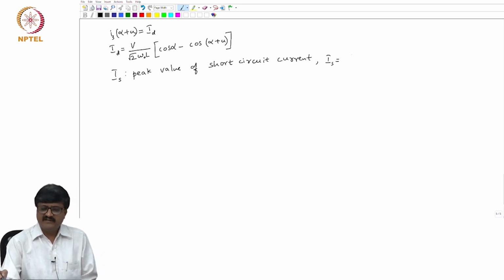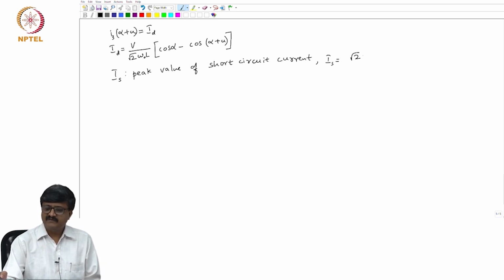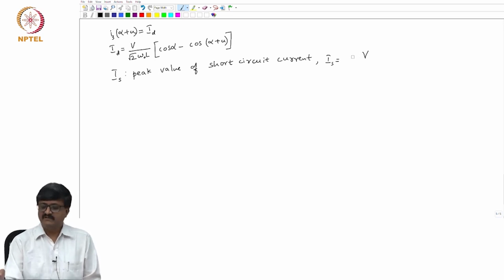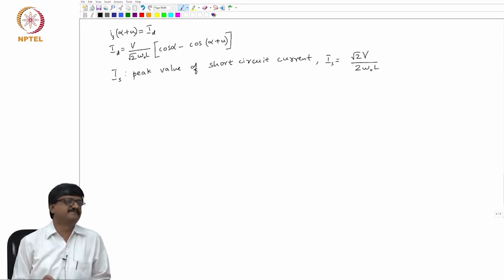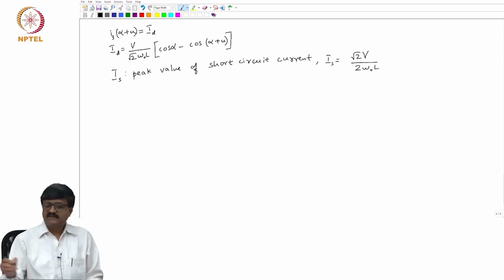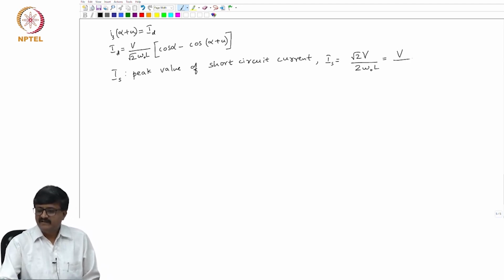If you look at the RMS value of the short circuit current, it is equal to the RMS value of the line voltage, which is just V, divided by the total reactance, which is 2 omega OL. That is the RMS value. If I multiply this by root 2, I get the peak value, which is nothing but V by root 2 omega OL.